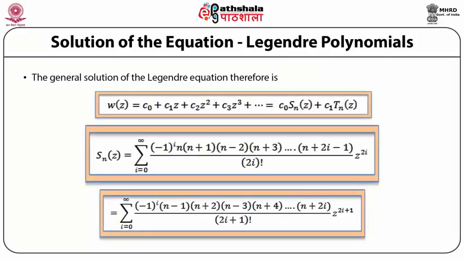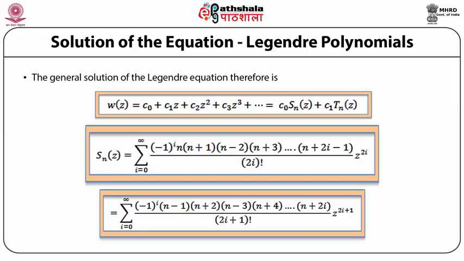The general solution of the Legendre equation can therefore be written as W(z) = C0 + C1 z + C2 z² + C3 z³ + so on.